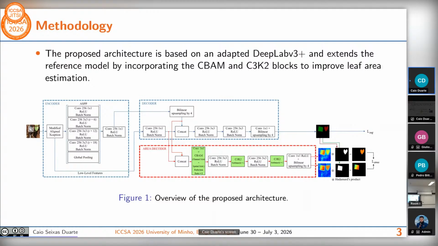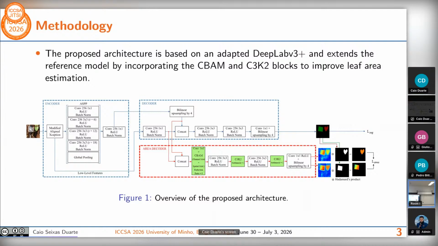I think you can see the difference in results from using the default decoder versus the area decoder with this integration. My adaptations are highlighted in green. The reference architecture doesn't have these green blocks.